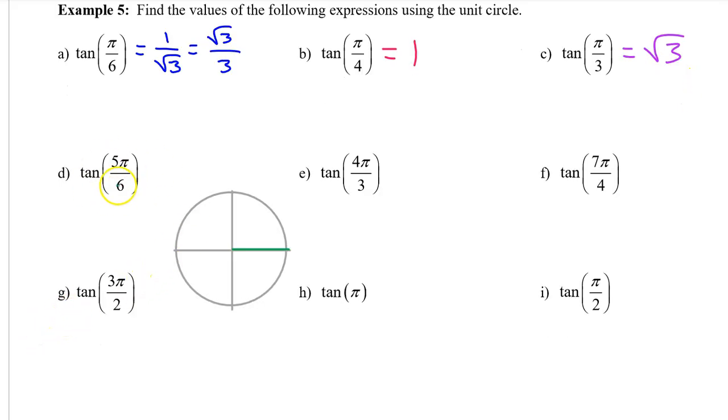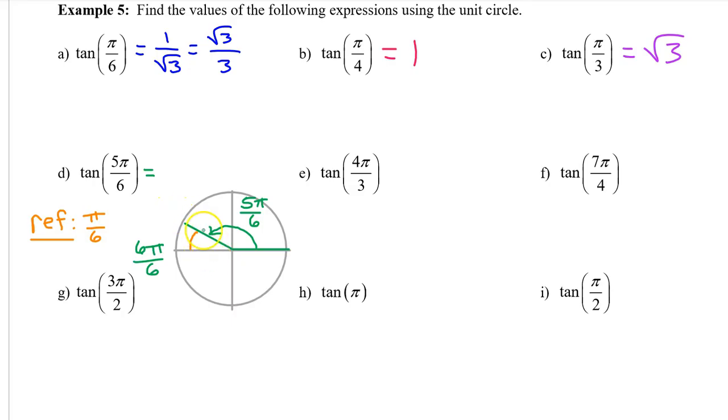Part D. What about the tangent of 5 pi over 6? First of all, in what quadrant is this? Well, I'm going to think of pi, which is right here, as 6 pi over 6. That helps me understand that 5 pi over 6 is pi over 6 less than this, placing it into the second quadrant.